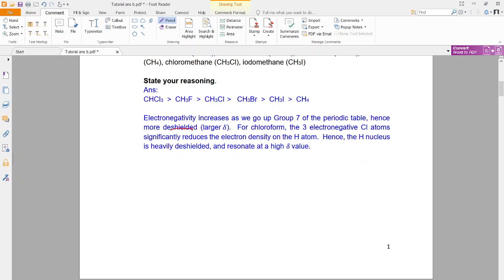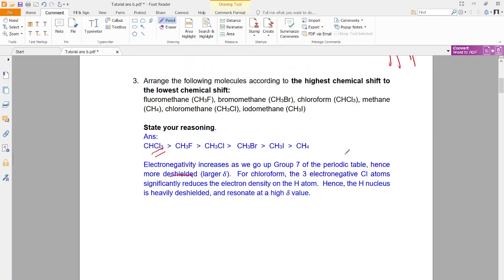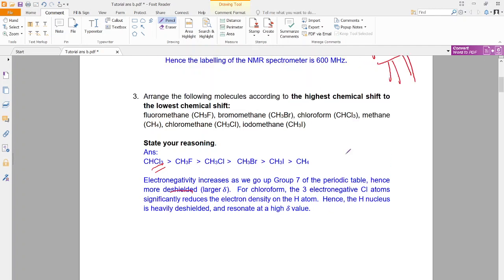And so for chloroform, you can expect that the 3 halogens are going to reduce the electron density, so it's going to be much more deshielded as compared to the others, okay. And so this is the arrangement of the chemical shift from the highest to the lowest, okay.